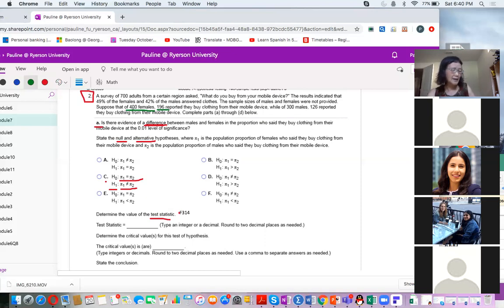Okay. And the next asks you for X2 and N2. X2 represents the number of males buying clothing from their mobile device. So number of males, 126 males buy clothing from mobile device. How many males in the sample? 300, okay? So X2 equals 126, N2, 300.